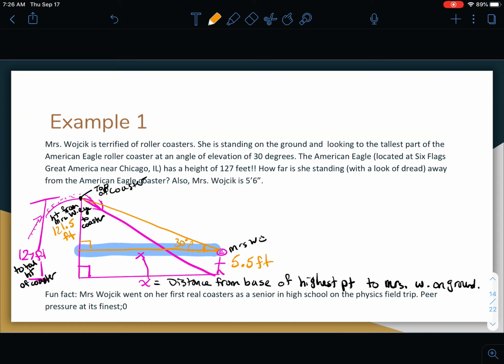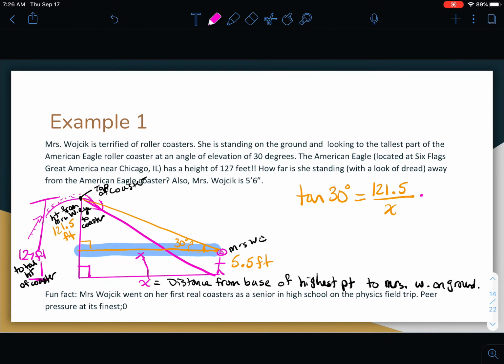We need to find one of these legs. We do have the opposite, so we want to think what deals with the opposite and the adjacent, and the answer for that is tangent. Tangent of 30 degrees is equal to the opposite, which is 121.5 feet, over x, which we don't know yet.